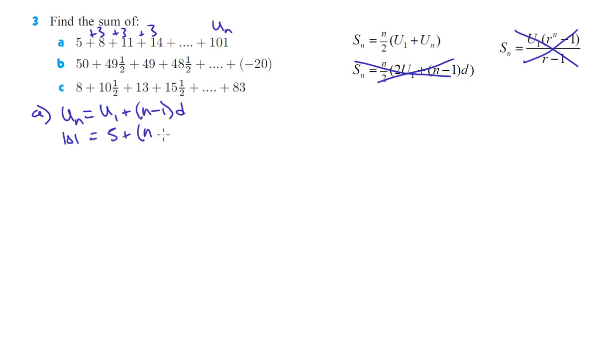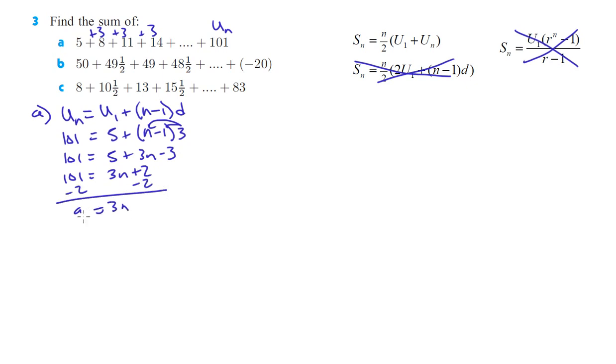We don't know the number of terms, but we do know that the difference is 3. Okay, so we get 101 equals 5 plus, and now we got to distribute that 3 to both of these. That's 3n minus 3. Right, so we get 101 equals 3n plus 2. So we subtract 2 from both sides.